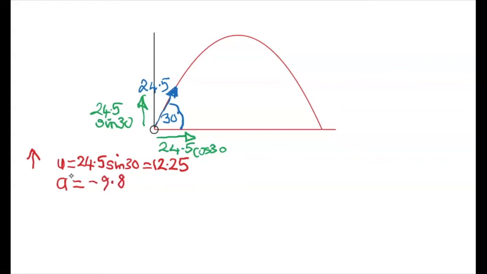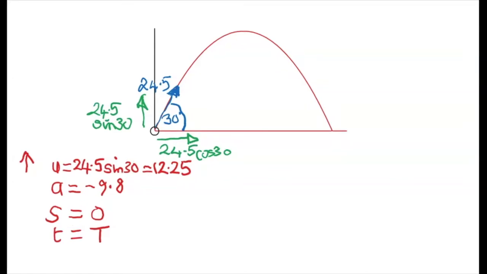It's minus because it's downwards. Everything positive is upwards. And we want to find when it comes back and hits the ground again. So vertically, the displacement is going to be 0, and the time is going to be some unknown time t.